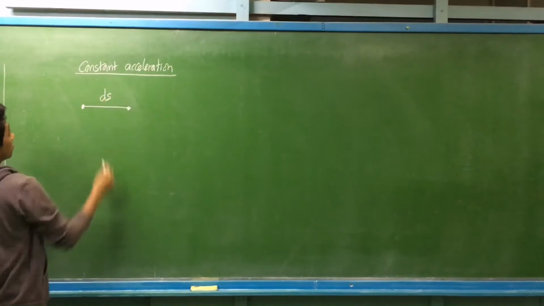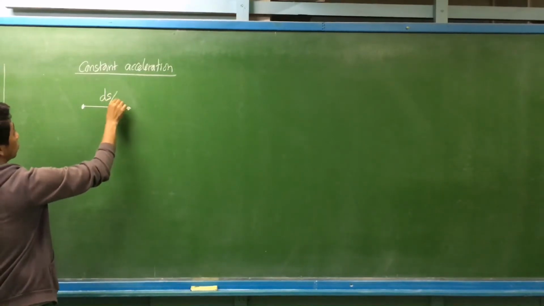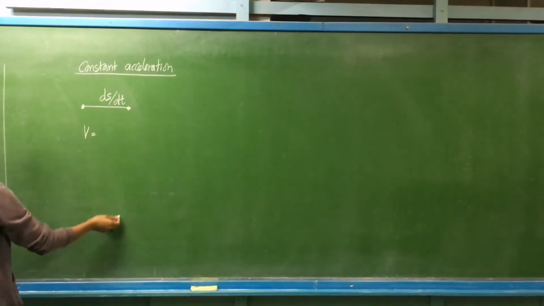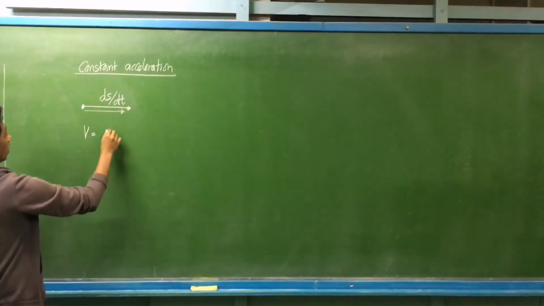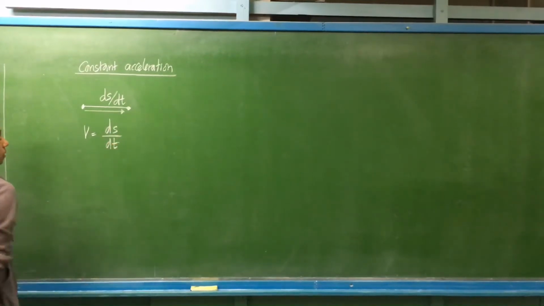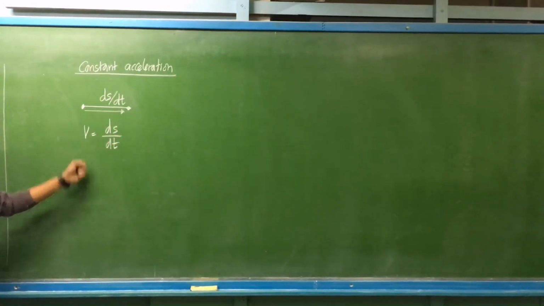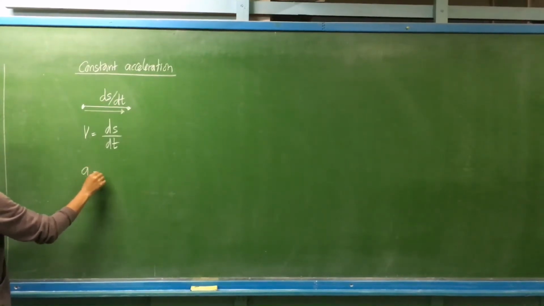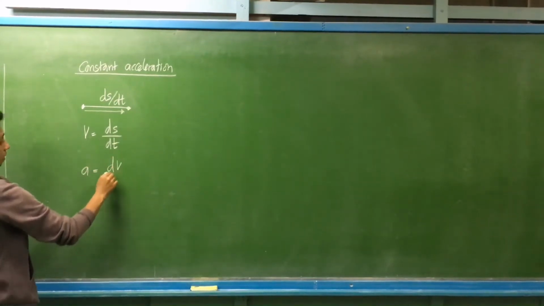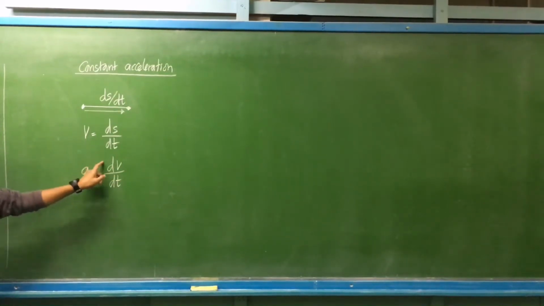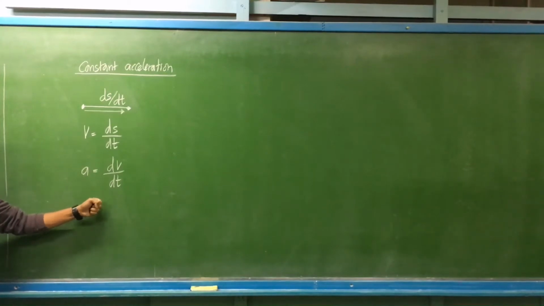Velocity is the differential distance with respect to differential time, the change in position divided by the change in time. That is our equation for velocity. The acceleration is the differential velocity with respect to differential time, the change in velocity with respect to time.